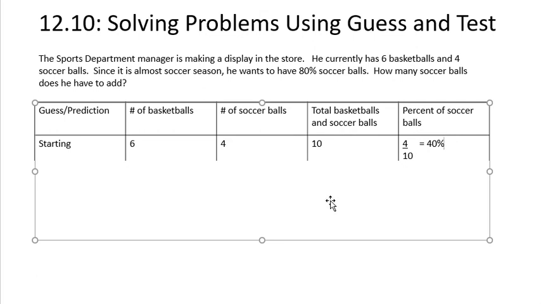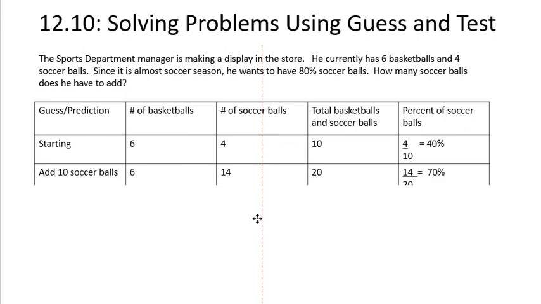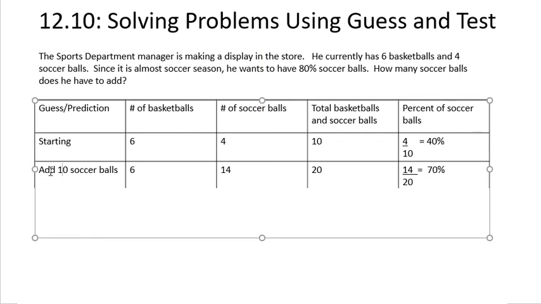So we want to increase that to 80%. I'm going to add 10 more soccer balls. In this row right here, I'm going to add 10 more soccer balls. I did not add any basketballs, so my basketballs are still 6. However, what changes is my number of soccer balls. I started off at 4, and I'm adding 10. So now I have 14 soccer balls. Also, what changes is the total number of pieces of equipment.